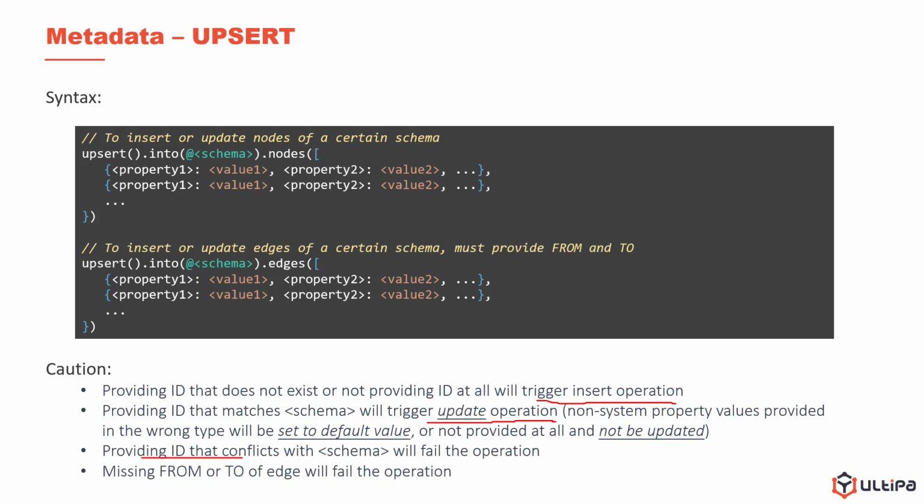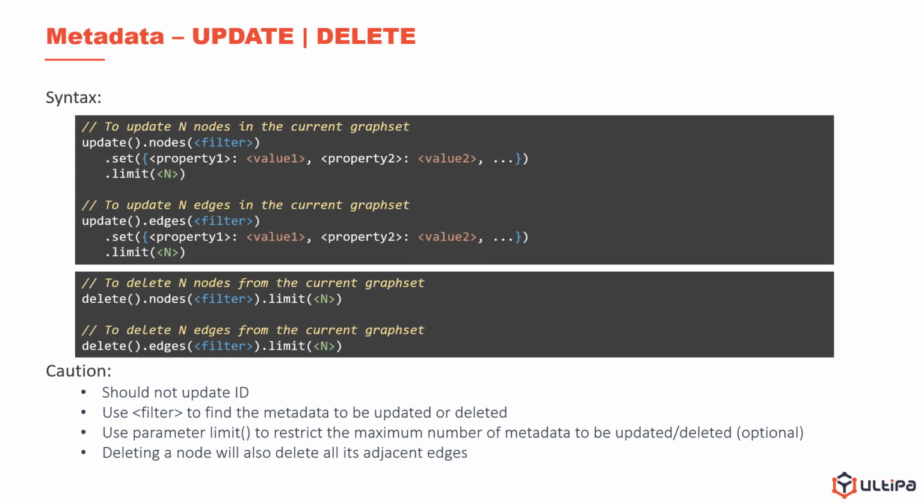Providing an ID that conflicts with the schema or not providing from and to of an edge will fail the operation. Commands update and delete employ filtering conditions to find metadata to be operated on, and IDs are not allowed to be updated. Deleting a node will also delete all the edges connecting to it.